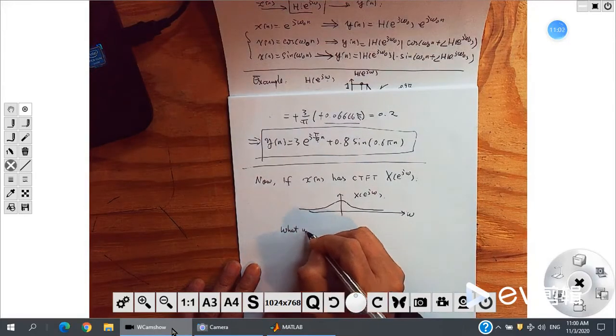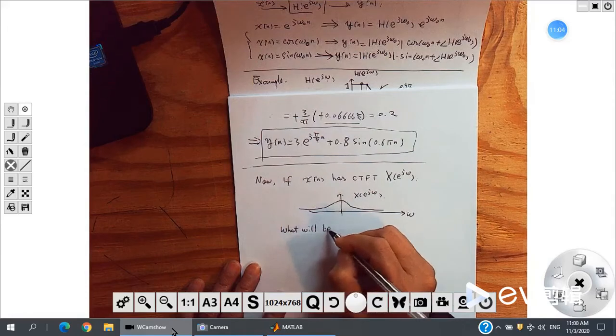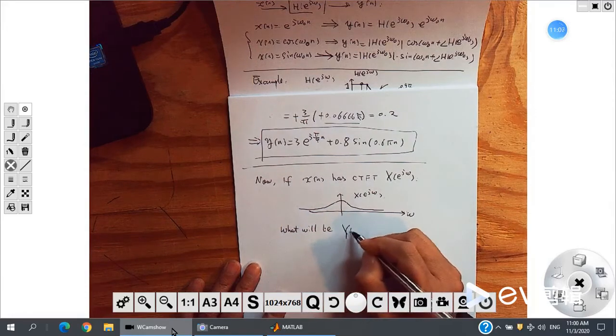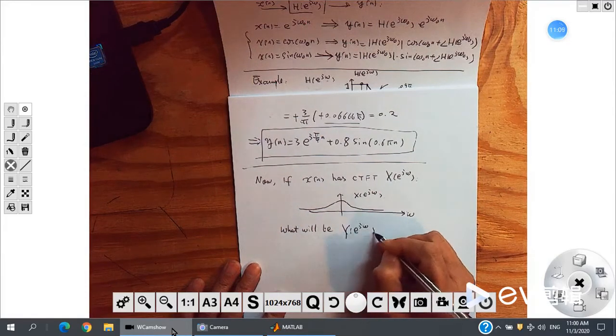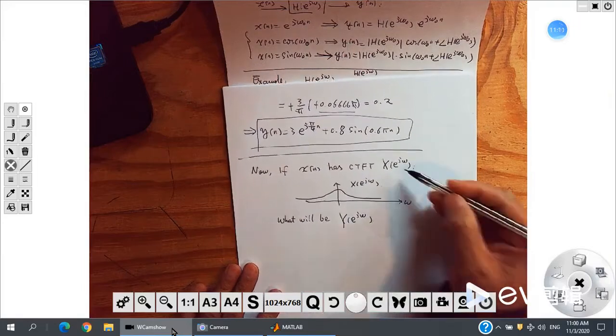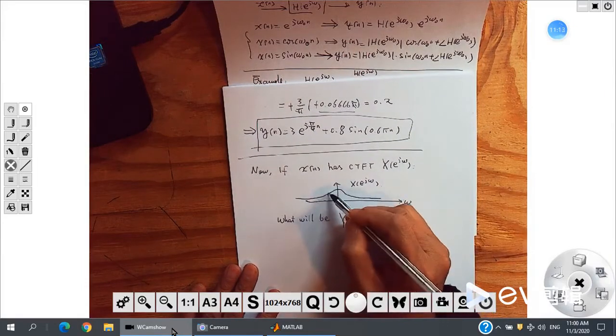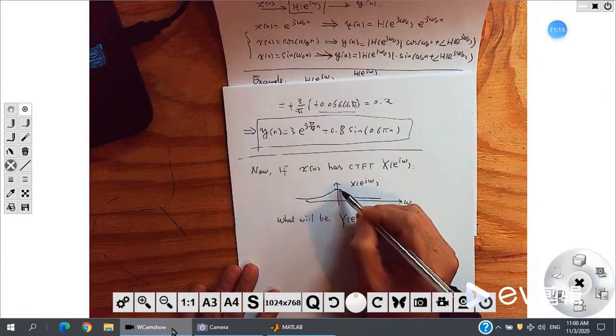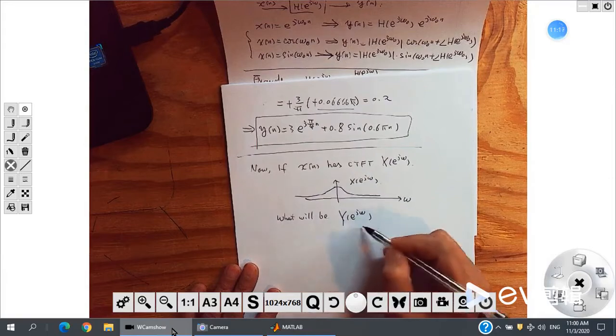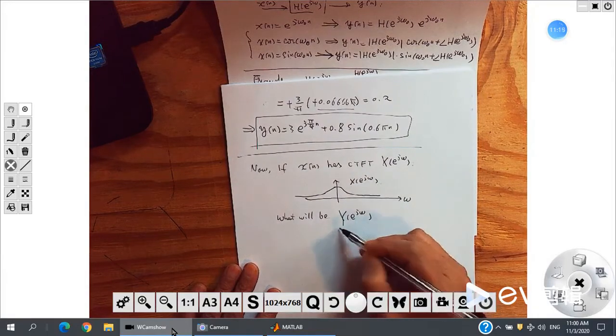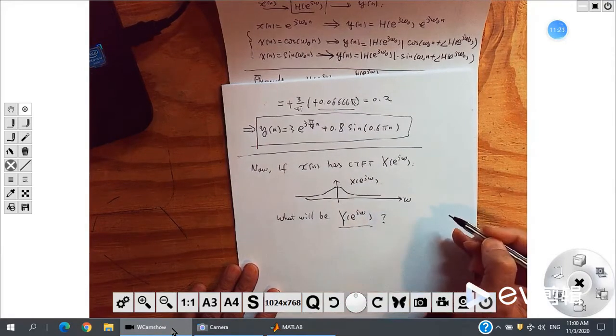What will be the output in the frequency domain? We suppose that for the input we know the frequency domain feature, and I want to know the frequency domain feature of the output. So what will it be?